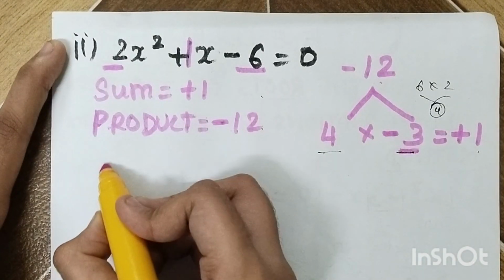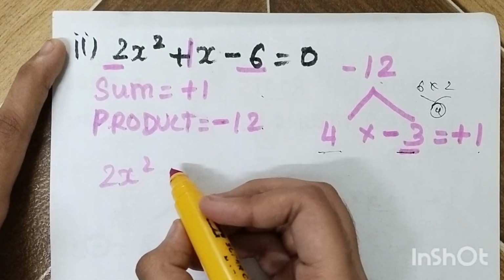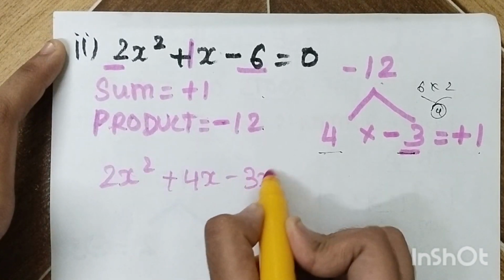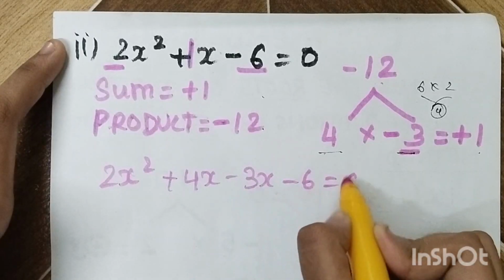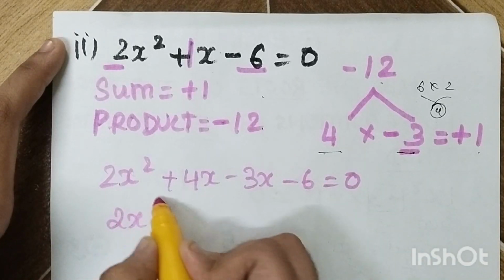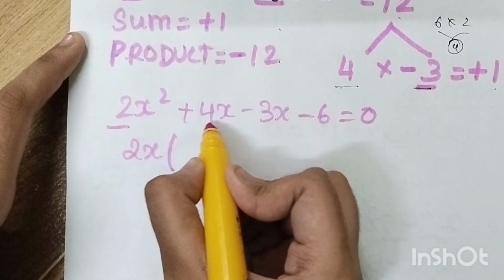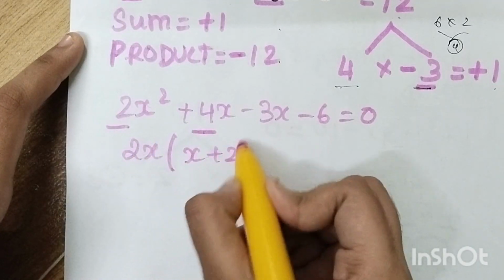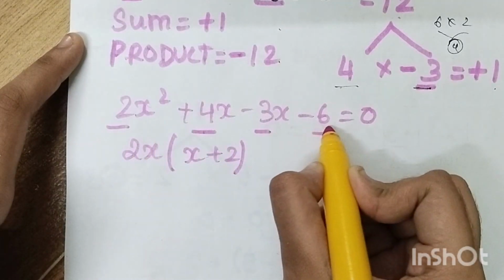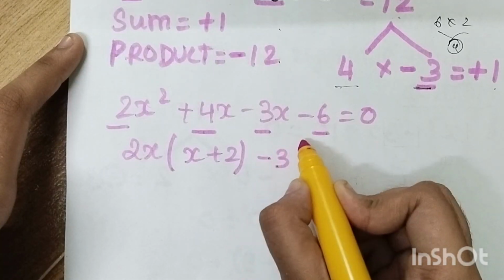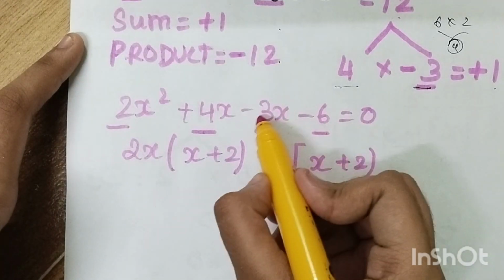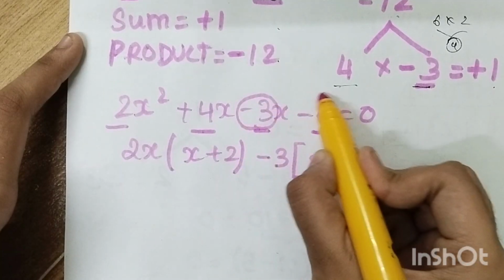Okay. So now instead of plus x, I am going to write plus 4x minus 3x minus 6 is equal to 0. So taking 2 and x as common out, I'll be getting x plus 2. And then here 3 as common out. So minus 3 here, x plus 2. So here minus 3 and then minus 6.